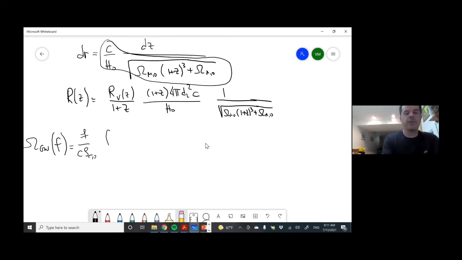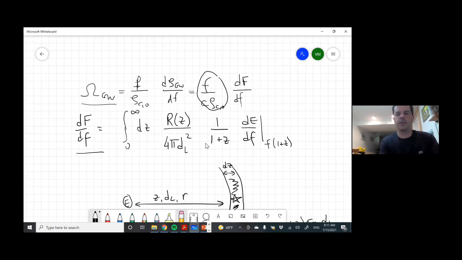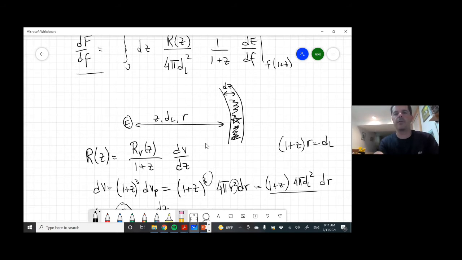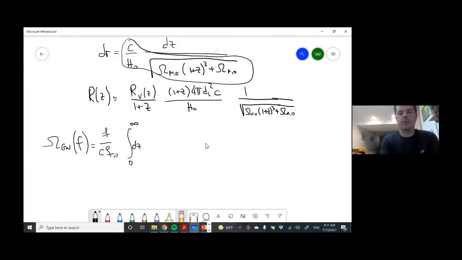And then we have the integral over the redshift. Instead of r of z, we will have the expression I just wrote. So I'll write it all again. R_V of z divided by 1 plus z. Sorry, the 1 plus z's here will cancel, so we can at least get rid of that part.